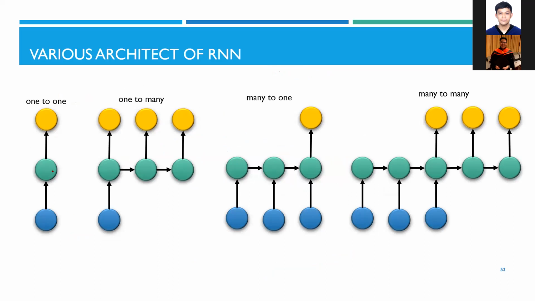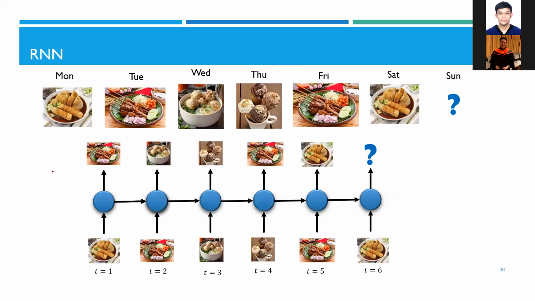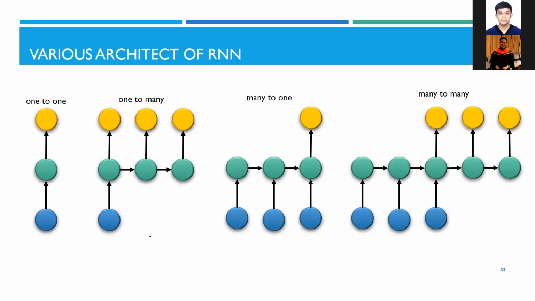The one we just saw is the one-to-one structure. One-to-one means that from one input, we predict one output. We have data for Monday, we want to predict for Tuesday. We also have one-to-many. So we have only Monday, for example, then we predict for Tuesday, Wednesday, and Thursday.